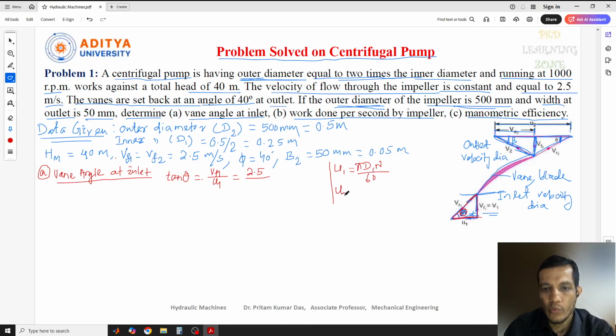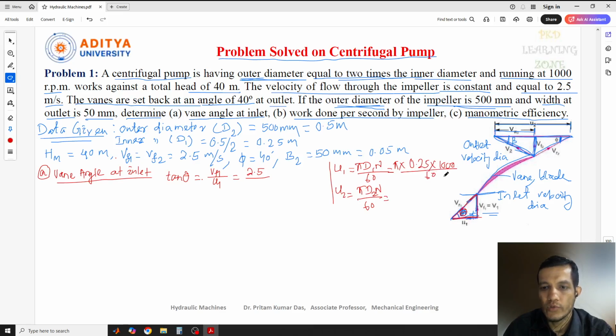Similarly U2 is pi D2 N by 60. In these two, the only difference is D1 and D2, only the diameter is different, remaining all are the same. So pi into D1, which is 0.25, into N. N is 1000, divided by 60.